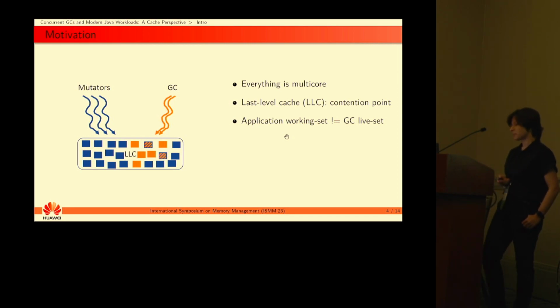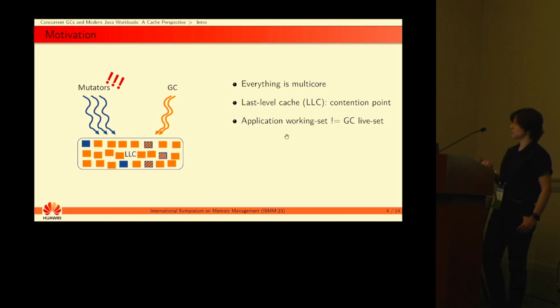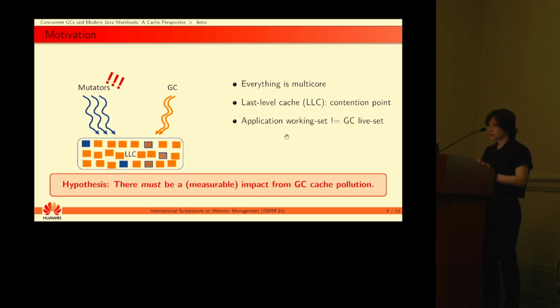So this can happen. And the GC can bring a lot of stuff into the last level cache and then evict the application's working set out of the cache, in which case the application doesn't have any more space to bring its working set into the cache. So this was, again, our mental model.